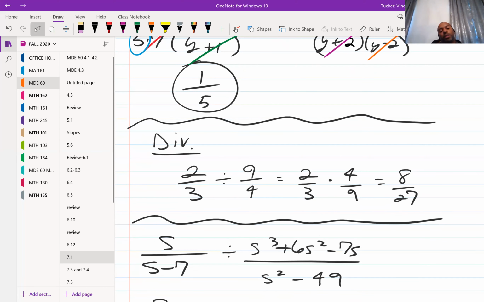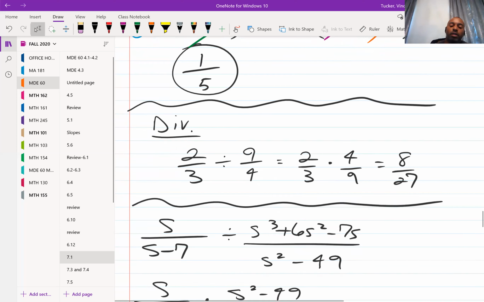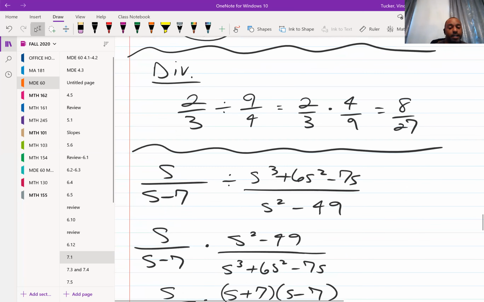So, first example like this, s over s minus 7 divided by s cubed plus 6s squared minus 7s over s squared minus 49. So notice the first thing I did was not to factor, but was to change it to multiplication.